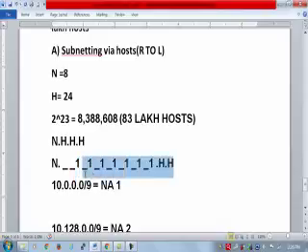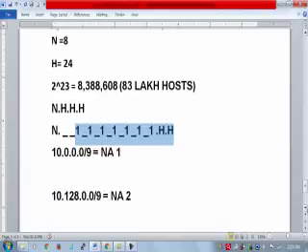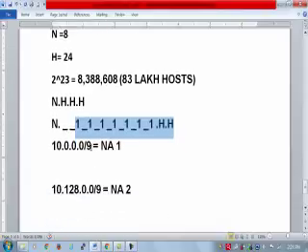This entire part is for the host part, and the remaining single bit goes to the network part. So my mask will become 8 plus 1, which is 9. I hope it is understood how this 9 comes. Then my network address 1 will become 10.0.0.0/9.